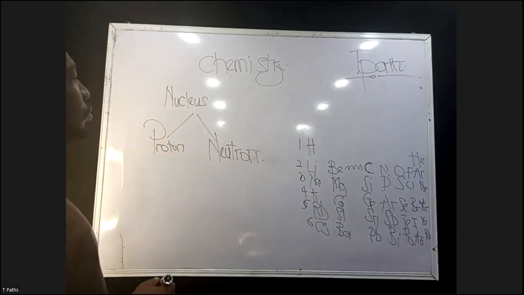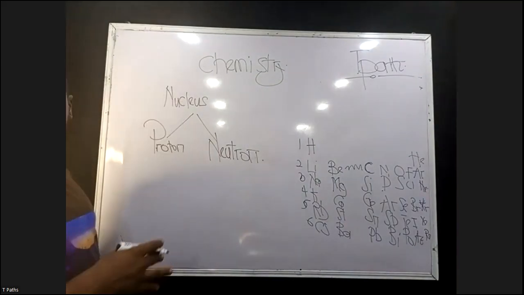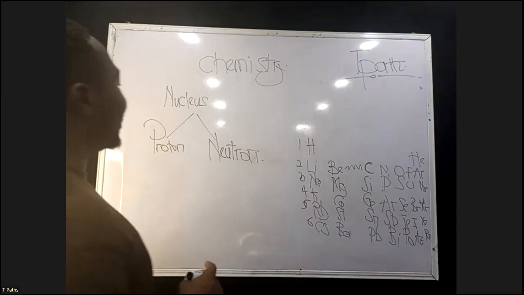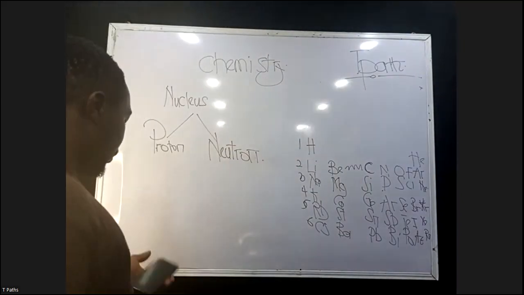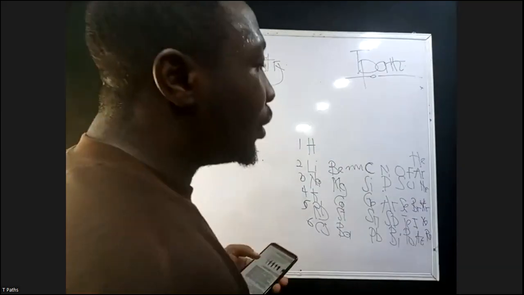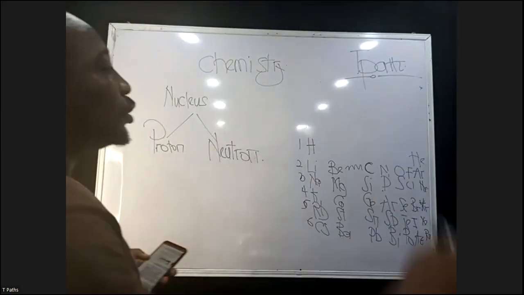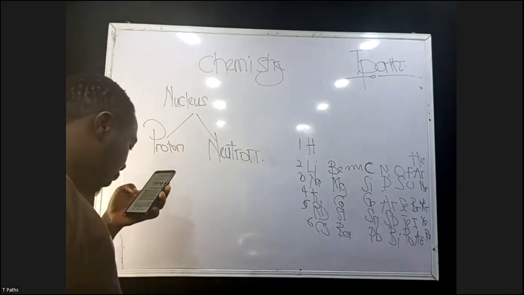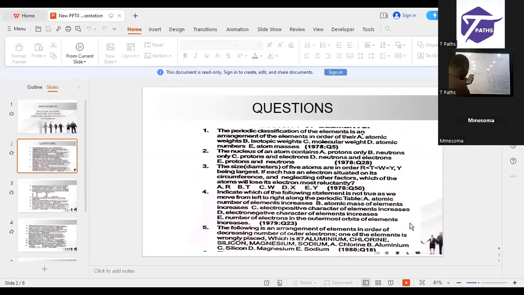Proton and neutron are found in the nucleus. So to that question, the word proton only is not the answer, neutron only is not the answer, but proton and neutron is a good answer.